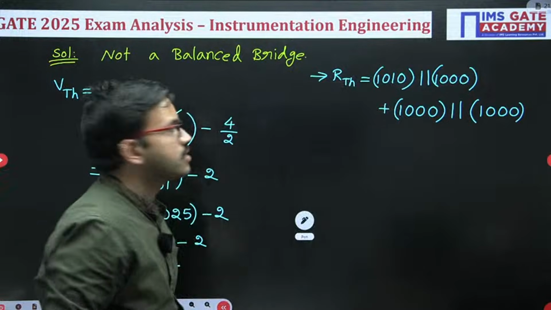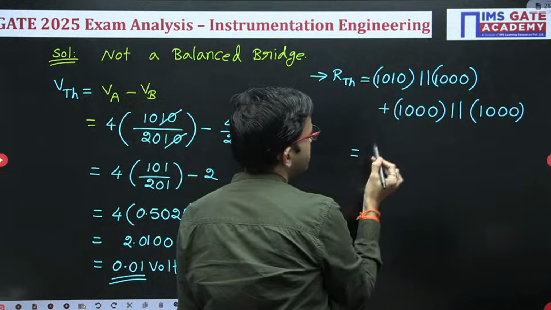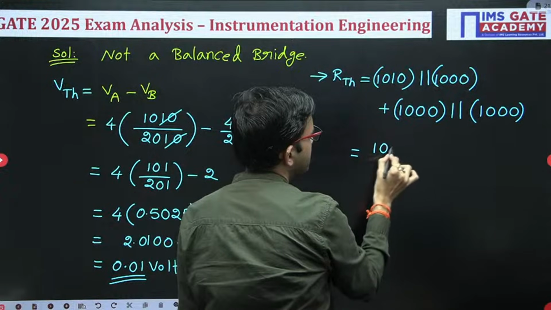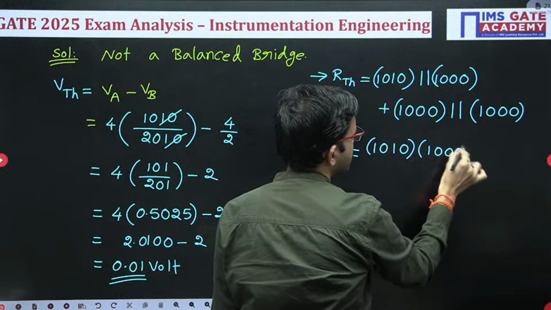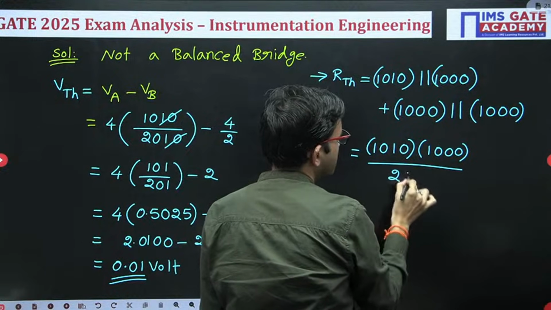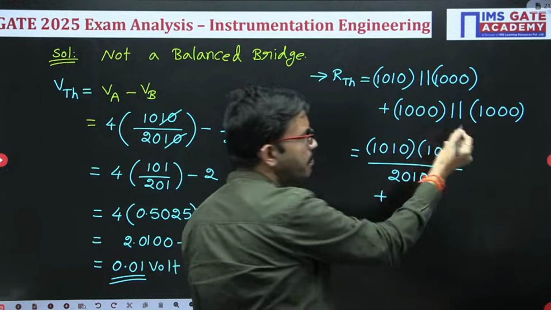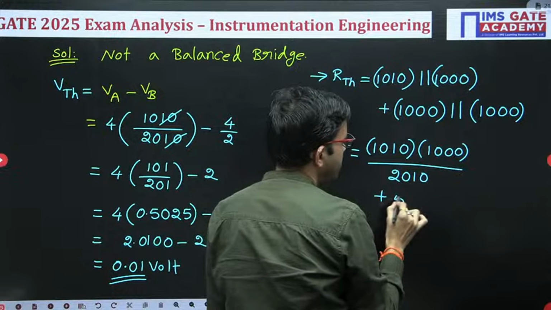Now you can do simplification, R1 R2 by R1 plus R2. So you are getting 2010 plus 1000 parallel to 1000, which is nothing but 500.